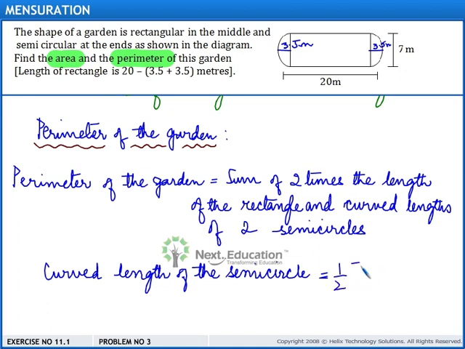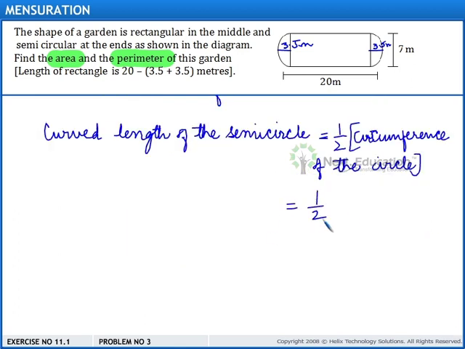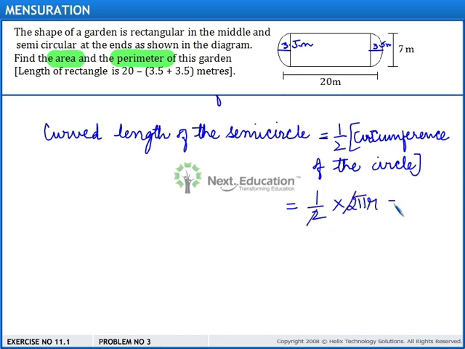So half into, now we know the circumference of the circle is 2 pi r. So here we get the curved length of the semicircle is equal to pi r.